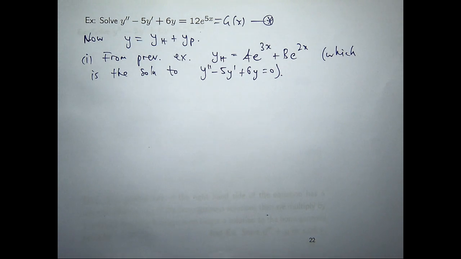So I don't really have to worry about writing that out. Here, big A and big B are arbitrary constants. So how do we construct a particular solution?